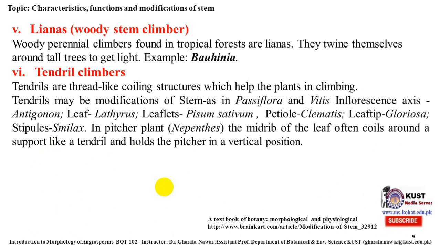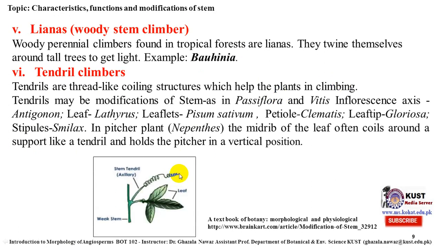The next type of climber is the tendril climbers, and as its name indicates, the stem or the plant part becomes modified into tendrils. These tendrils are thread-like coiling structures which help the plant in climbing.